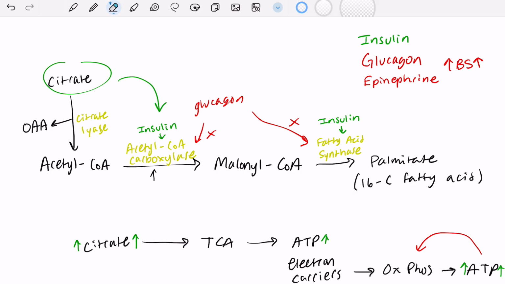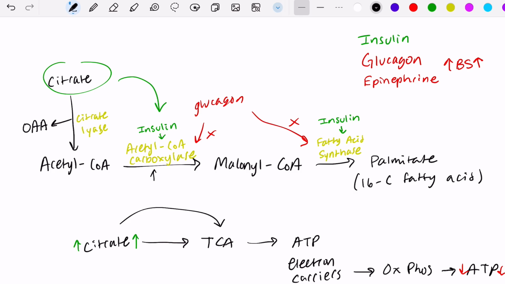Showing that with the bottom version as well, if we have a really low amount of ATP, then all of our citrate and all of our acetyl-CoA needs to be fed into the tricarboxylic acid cycle, and then those electron carriers need to be fed into oxidative phosphorylation because we need more ATP. So we aren't going to be making fats.